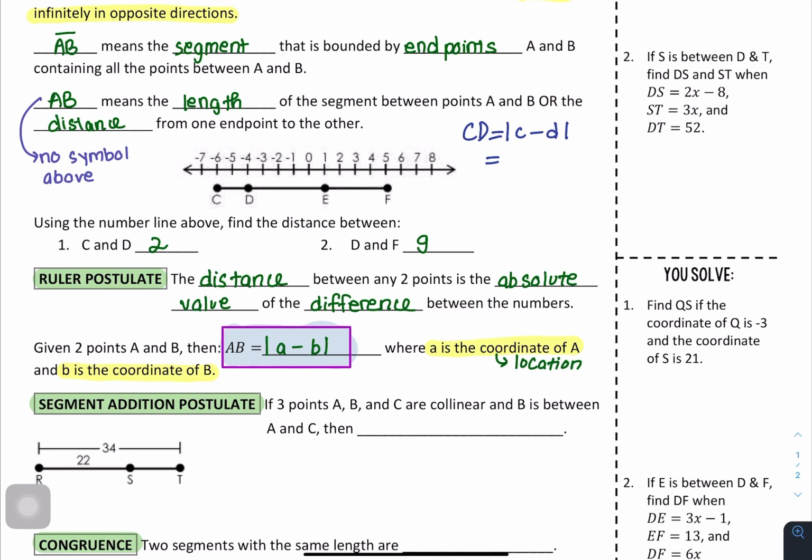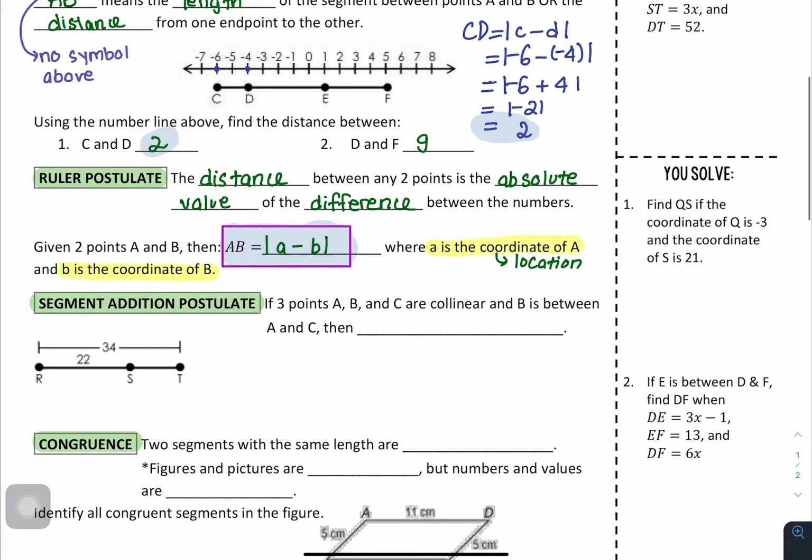Small c is the location of the point C, so location of C is -6, minus the location of D, which is -4, minus the -4. Now minus a negative gives me a positive. Okay, 2 negatives give you a positive. -6 plus 4 is -2, and the absolute value of -2 is +2. So it works. Okay, it's correct.